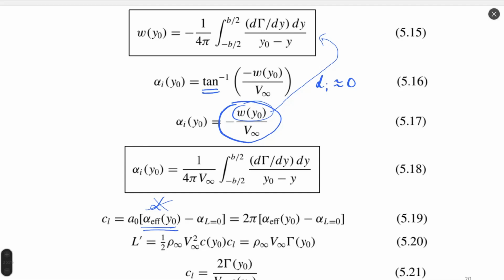Once we simplify this for thin airfoil, according to thin airfoil theory, if you remember from the previous chapter, we already found that for a thin symmetric airfoil, CL was 2 pi alpha, and for a cambered airfoil, CL was 2 pi (alpha minus alpha L0).